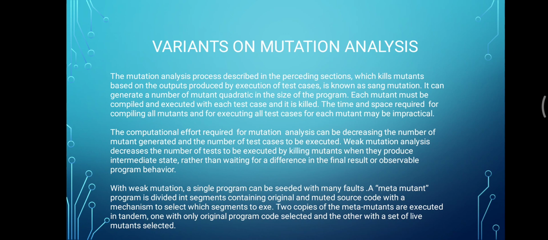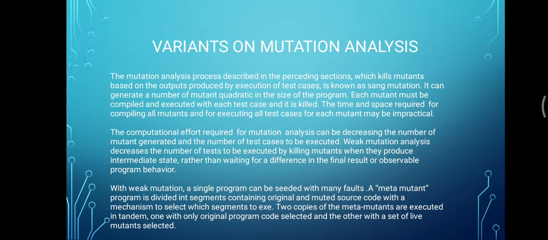Okay, the above lines are specifying that the mutant is analyzed, as described in the preceding sections, and that kills the mutant. It will have a quadratic mutant size in the program. To remove or kill those mutants, each mutant will be compiled and executed separately to kill each of them.